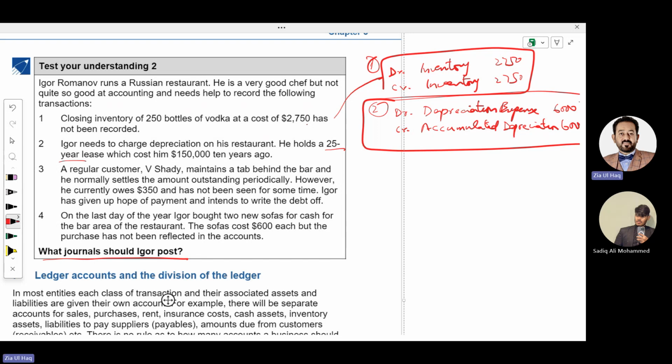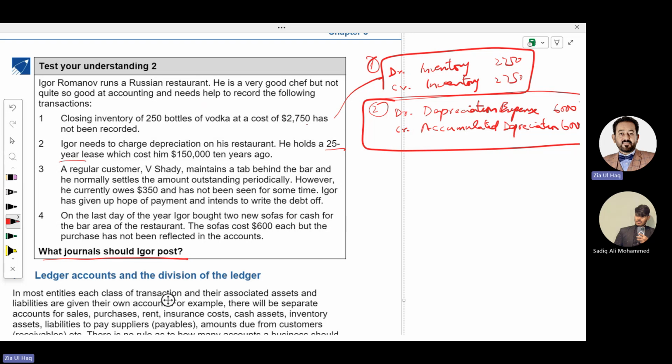However, he currently owes 350. This means there is a receivable of 350. He owes to whom? To Igor. How much? 350.